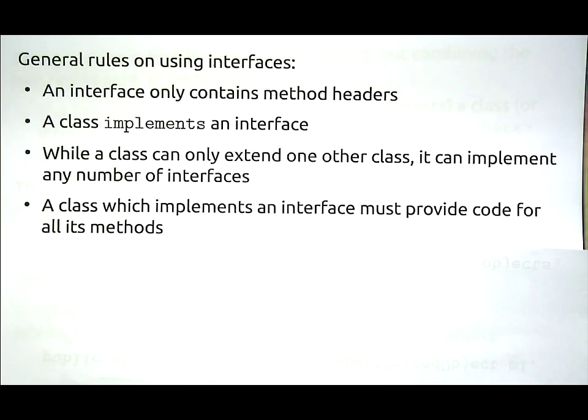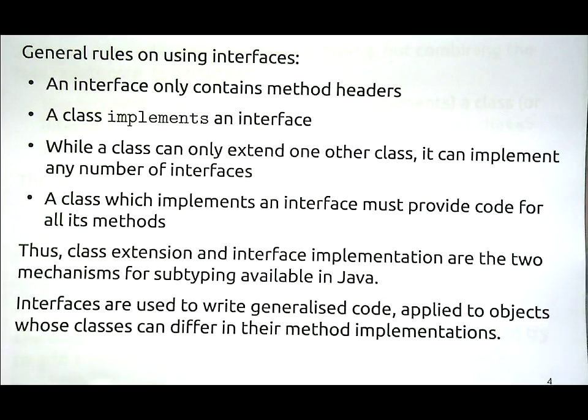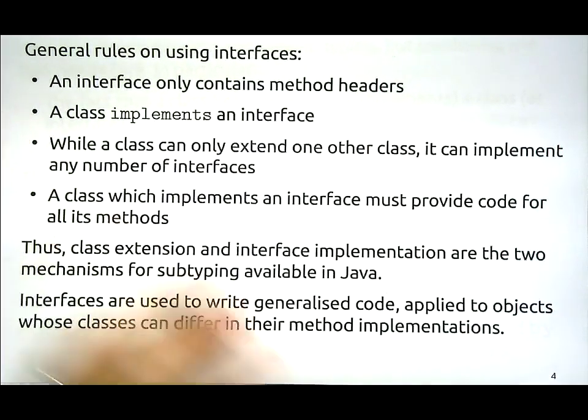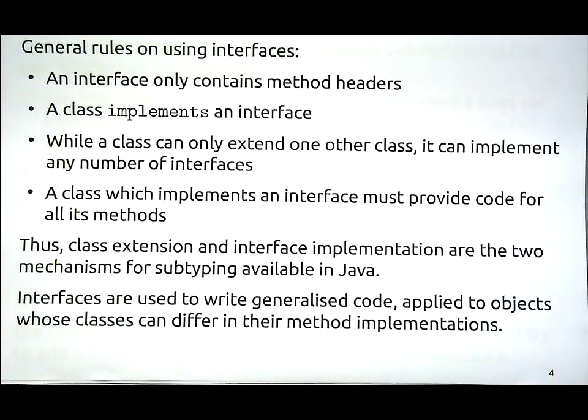The class is going to give the code. So this is the second way we have seen for subtyping in Java. One way of subtyping was the subclass mechanism, the second one is interfaces and implementation of interfaces. Any questions?